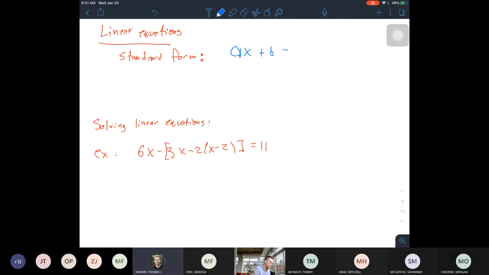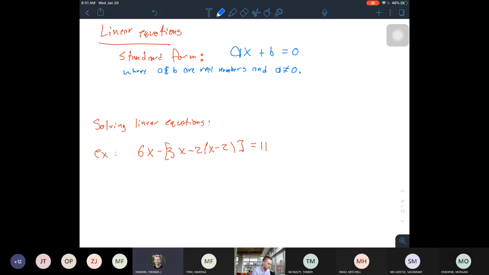All right, AX plus B is equal to 0, where A and B are real numbers and A is not equal to 0. This is what we call a linear equation.